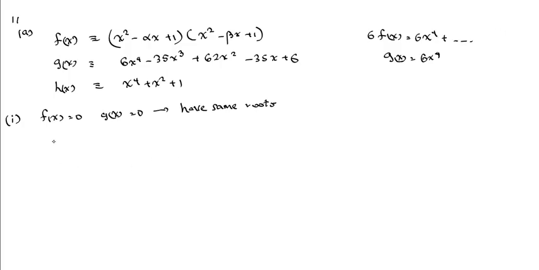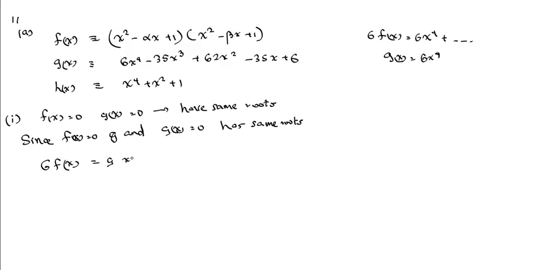Then you can say that since f(x) equals 0 and g(x) equals 0 have the same roots, we can say 6 times f(x) is equal to g(x). So 6 times f(x), I will first of all consider f(x).